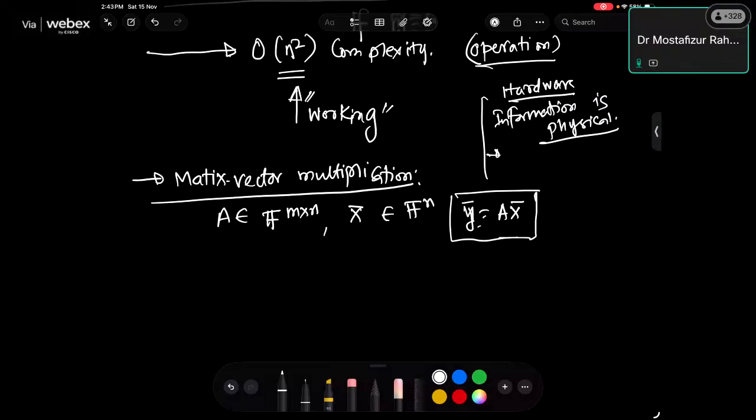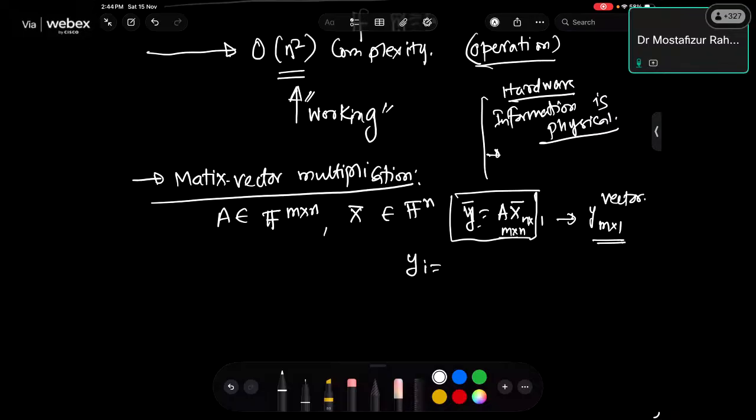And we'll find the complexity to solve this with the matrix inversion process. Just to get this y, you can see y_i, because y is a vector and A is a matrix. A is an m cross n matrix, x is an n cross 1 vector, so the product y is an m cross 1 vector.